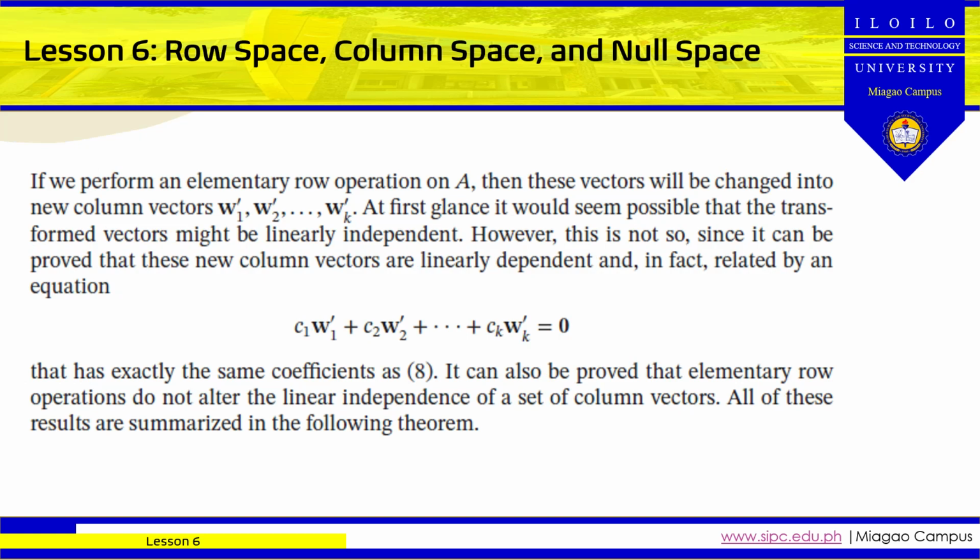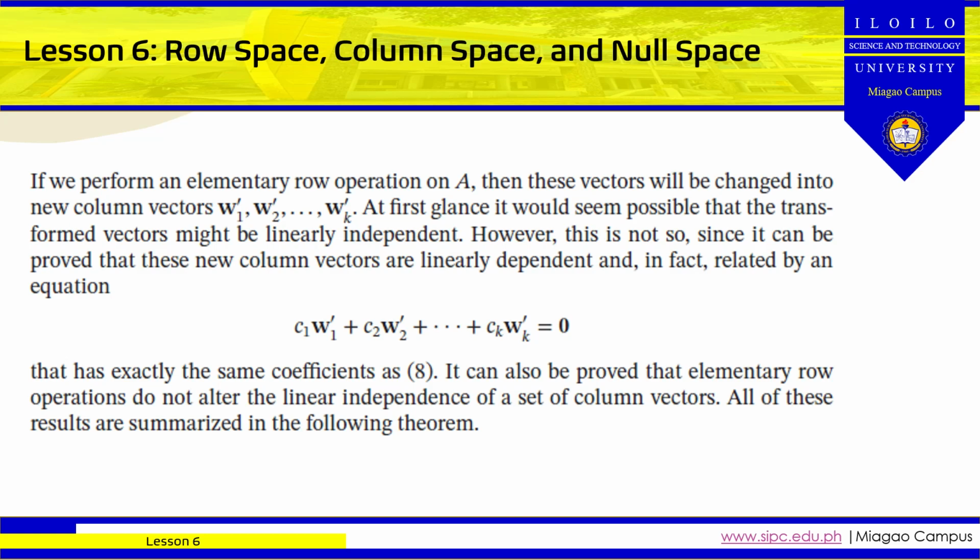If we perform an elementary row operation on A, then these vectors will be changed into other column vectors. At first glance, it would seem possible that the transformed vectors might be linearly independent. However, this is not so, since it can be proved that these column vectors are linearly dependent and in fact related by an equation that has exactly the same coefficients as the previous equation.